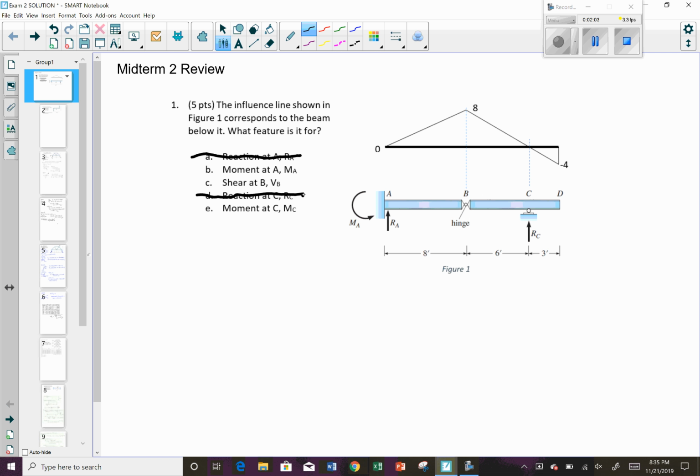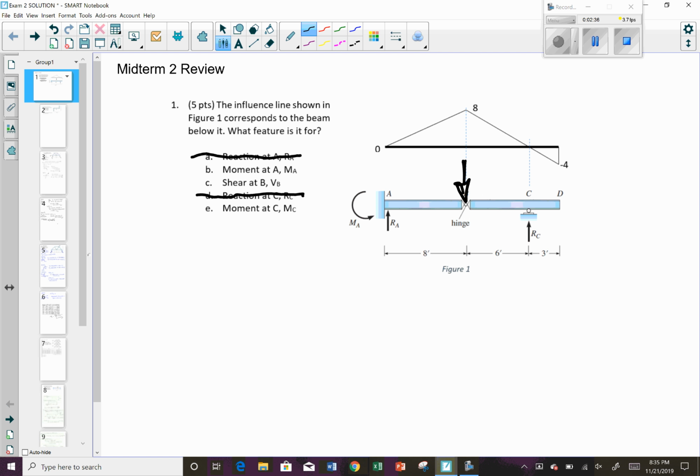For the shear at B, we know if you have an influence line and you put your load at that location, there'll be a jump at that location. In this case, there's not.